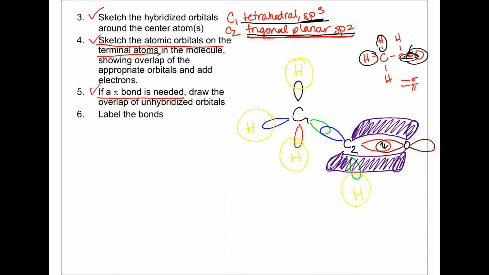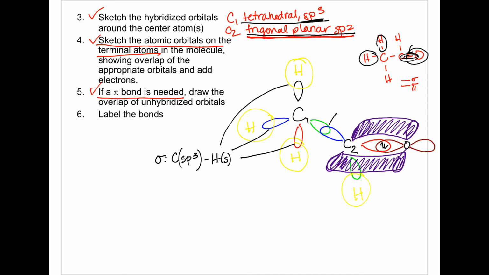Now I have explained my pi bonds, and the last thing is I need to label the bonds. So I'm going to label this one, and this one all the same. When we label them, we say what type of bond. They are sigma bonds, which are single bonds made from carbon's sp3 hybridized orbital overlapping with hydrogen's s, each individual one there.